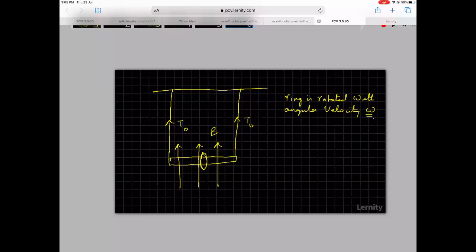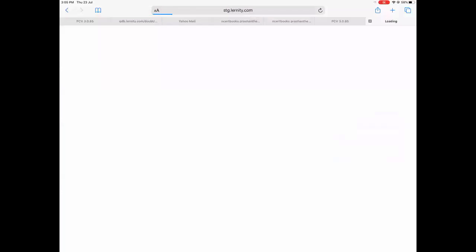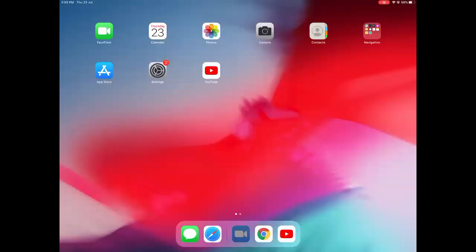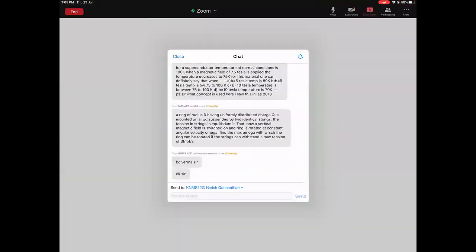Find the max omega with which the ring can be rotated if the strings can take 3T0/2.